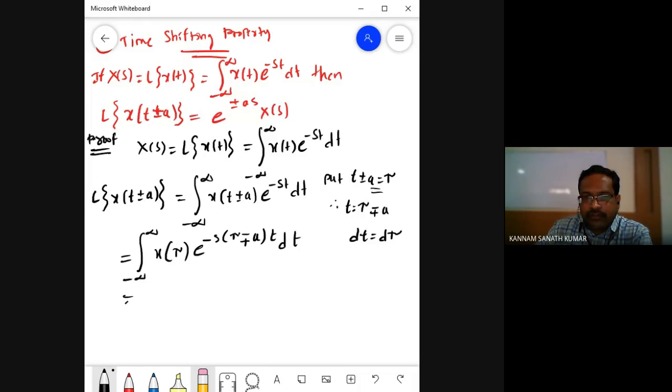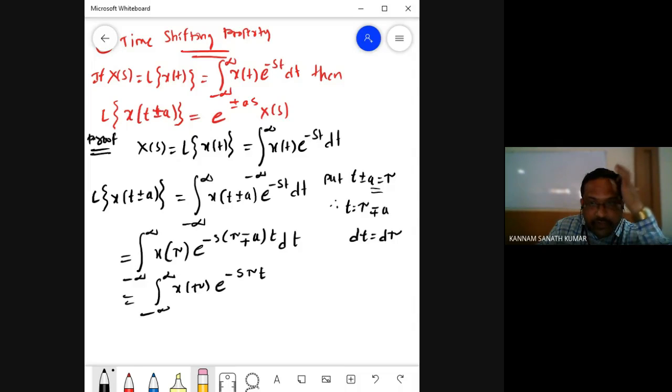Now a power m plus n equals a power m into a power n, so you have to separate. So x of tau, e power minus s tau, into e power minus s times minus plus a.